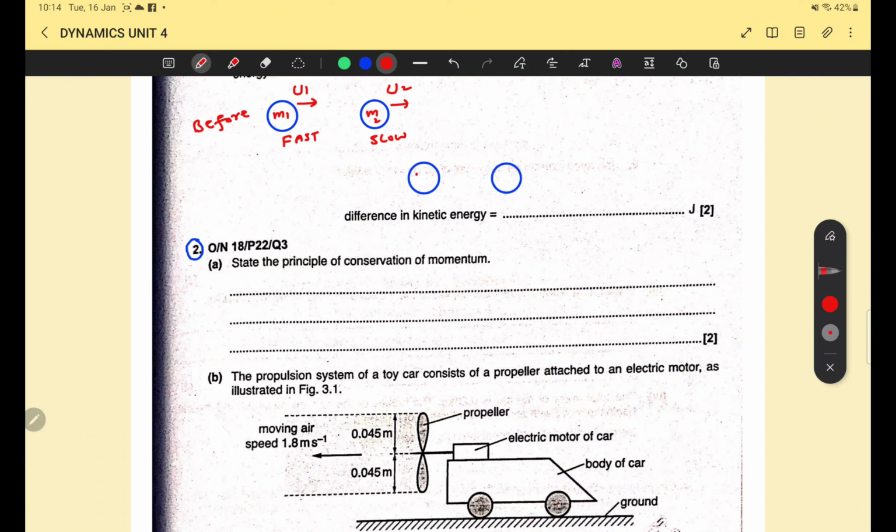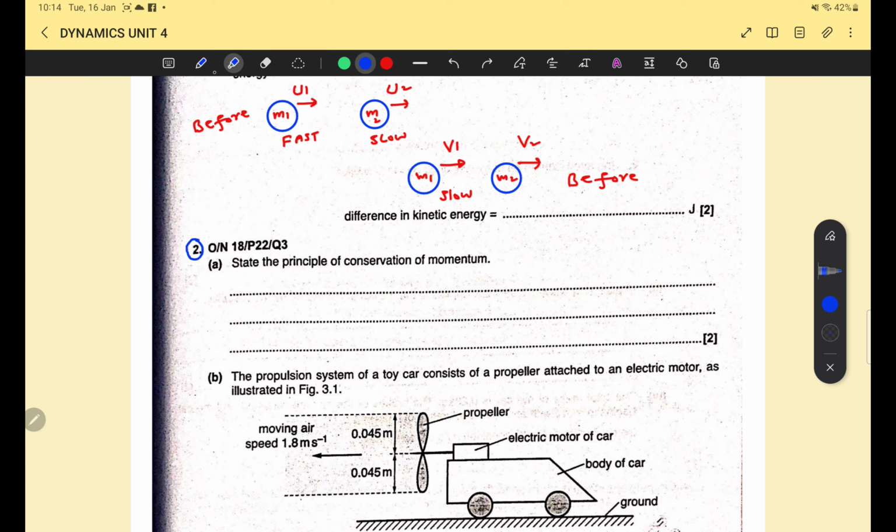When the fast moving body hits the slow moving body, it becomes slow and the other becomes fast. According to the law, the total momentum before collision is always equal to the total momentum after collision. And in IGCSE, it is the law of conservation of momentum.